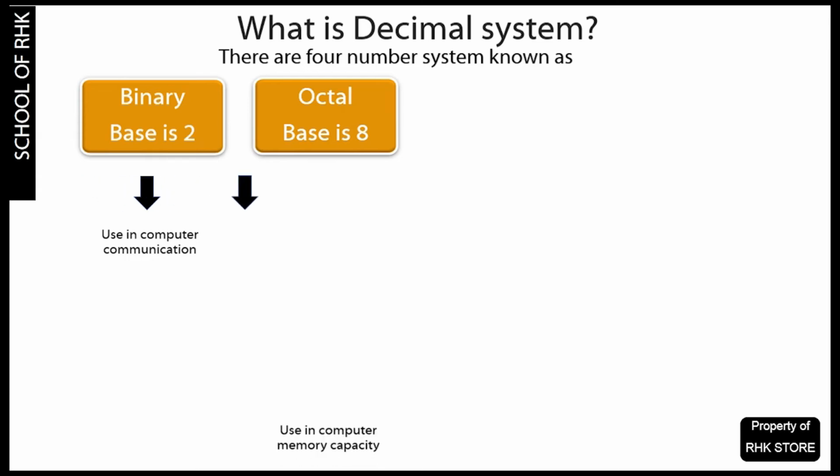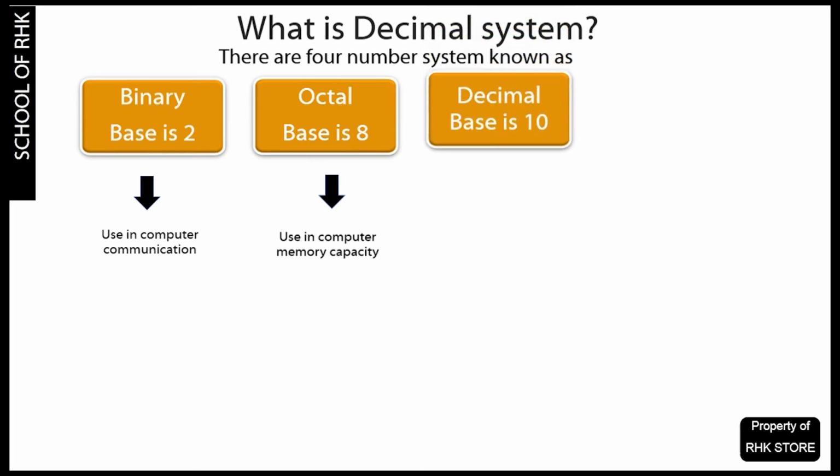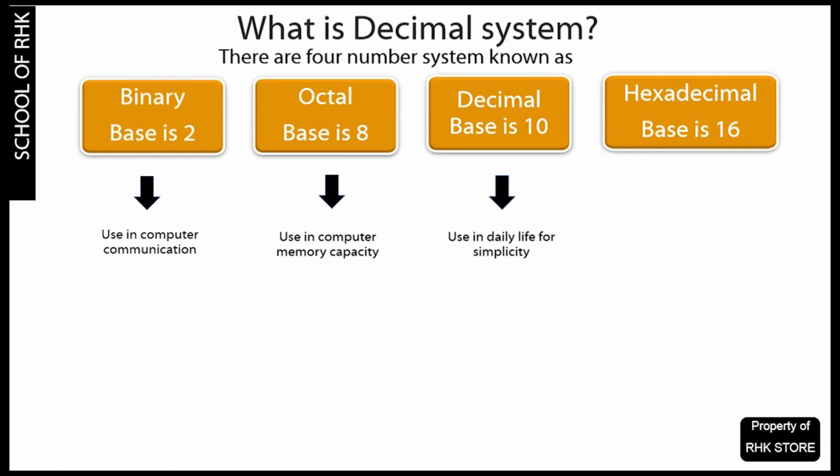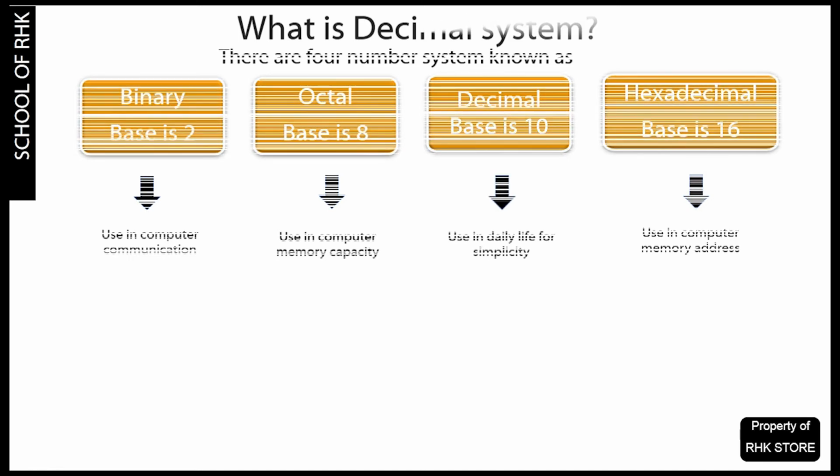One of the use to mention computer memory capacity. A decimal number system if the base is 10 is vastly practiced in daily life for its simplicity. The hexadecimal number system if the base is 16, one of the use to mention the memory address of the computer. A detailed discussion on number system or decimal system is beyond the scope of this tutorial.